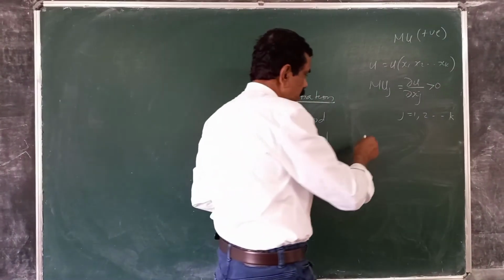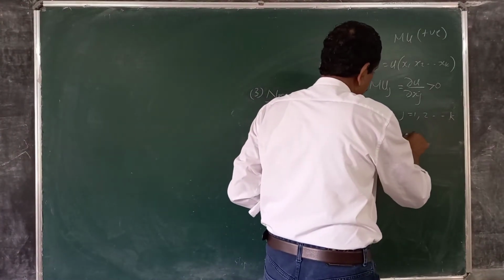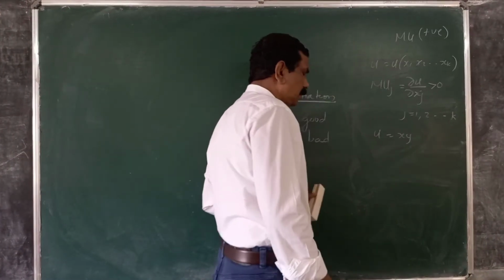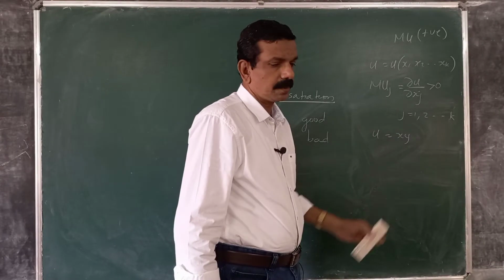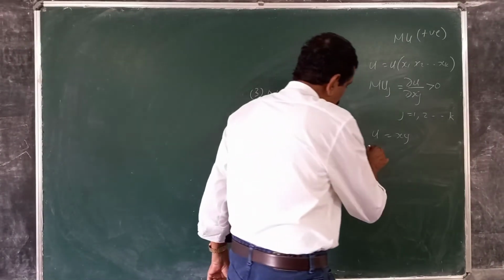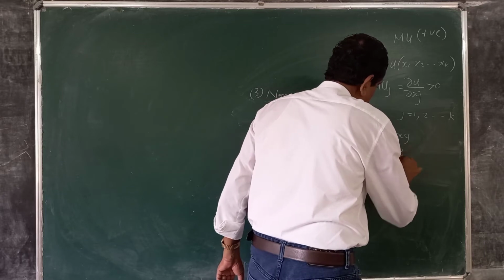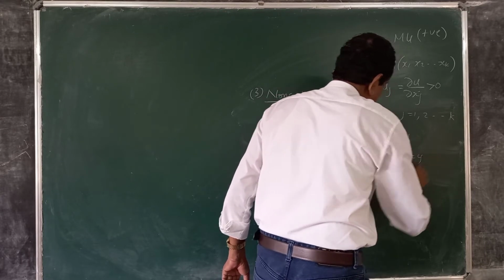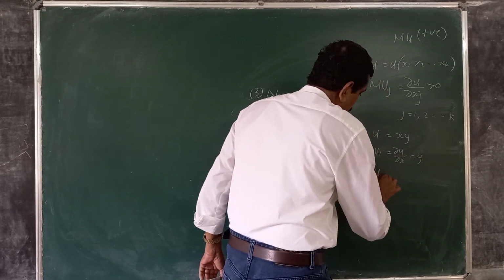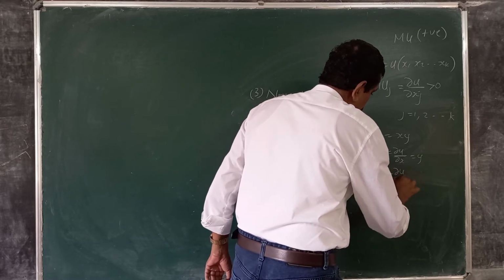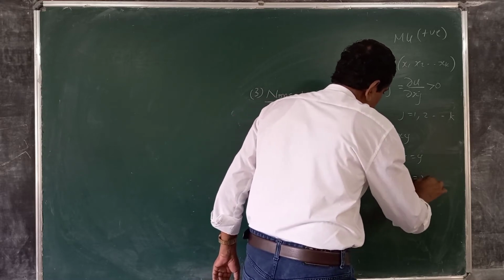Suppose that U is equal to xy. A utility function is given as xy. Then MU1 is equal to dou U by dou x, which is equal to y. MU2 is equal to dou U by dou y, which is equal to x.